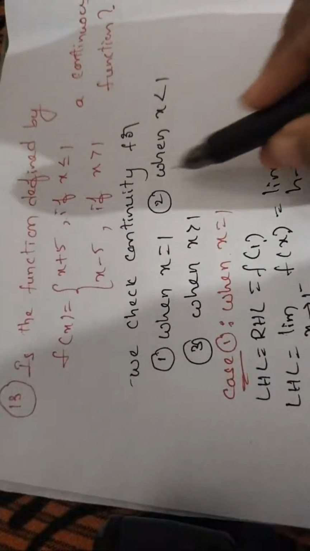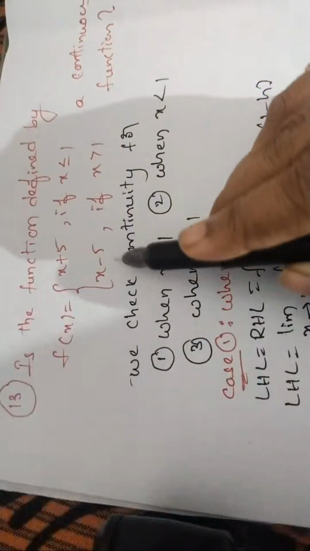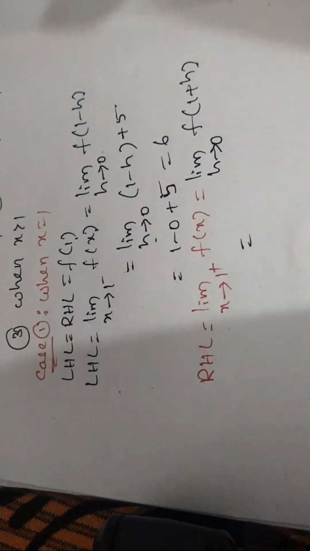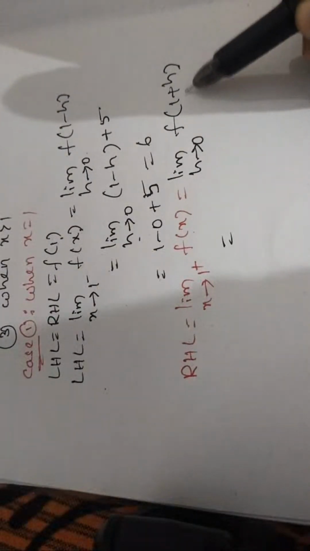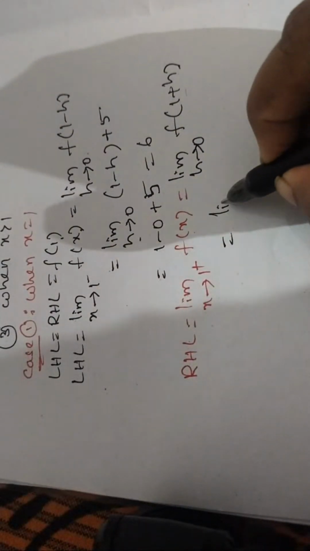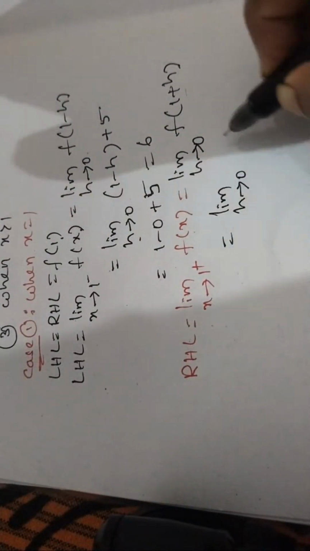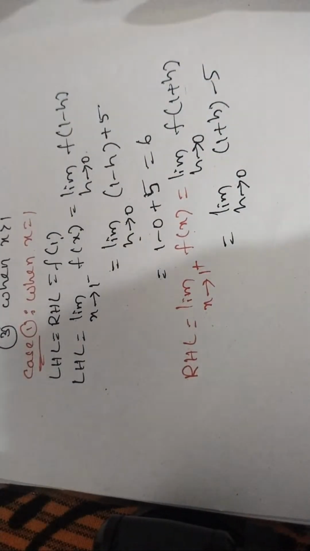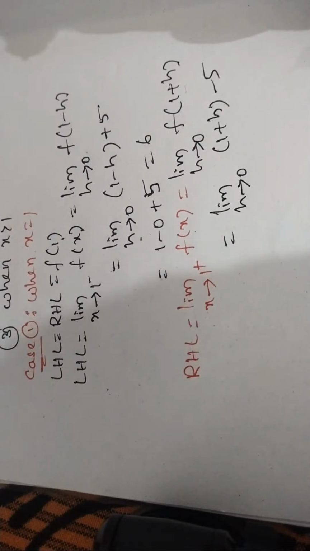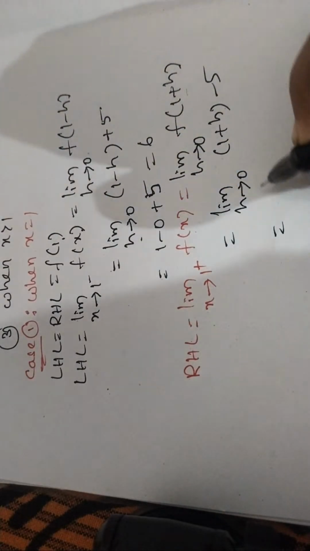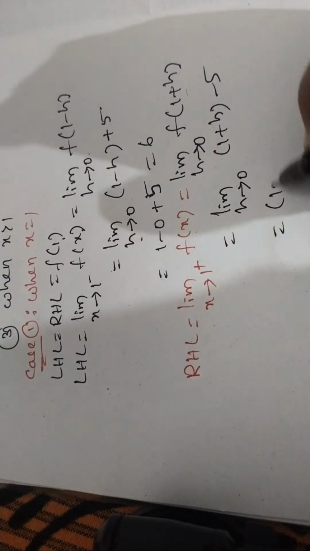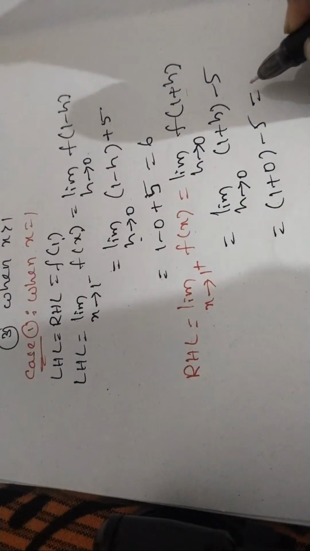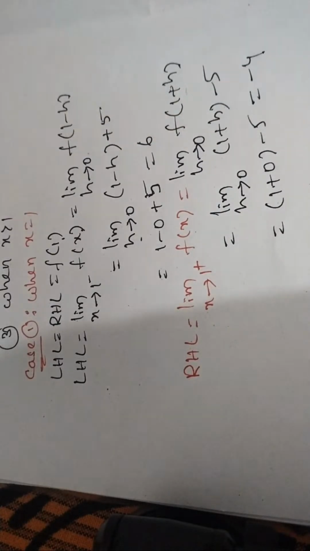When it is more than 1, the function is x minus 5. What is x here? 1 plus h. So limit h tends to 0 of 1 plus h minus 5. Here h is 0. Write the h value, so I got 1 minus 5, that is minus 4.